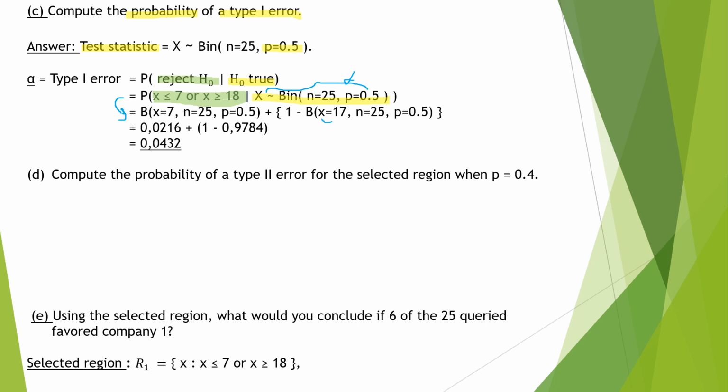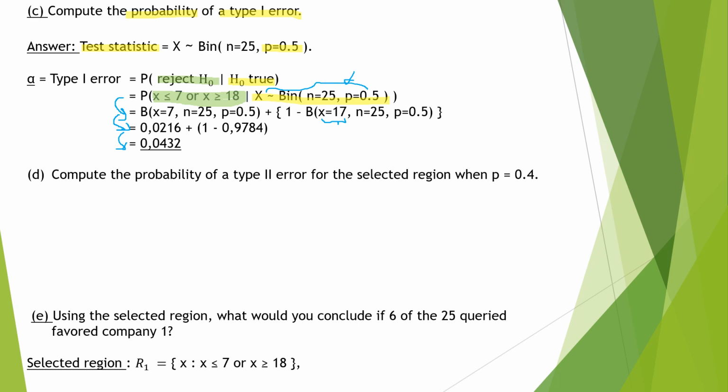That's why we have a 17 there, because this is a discrete distribution. If X is greater than or equal to 18, then the opposite is X less than 18, which is X less than or equal to 17. These are the probabilities I got from Excel, and then your final answer will be 0.0432.